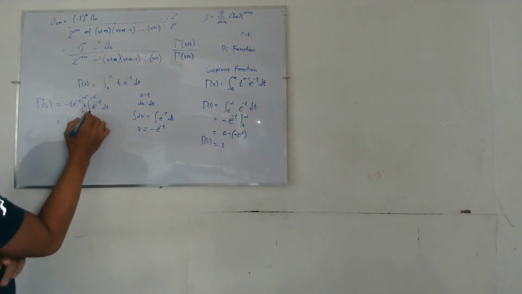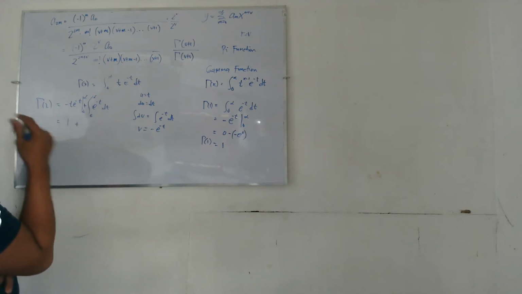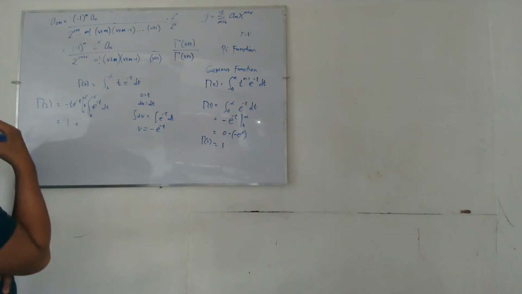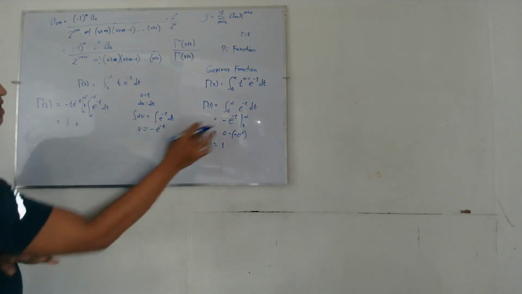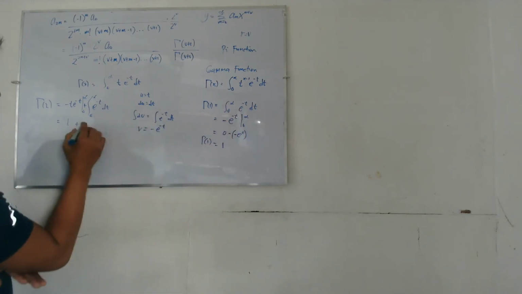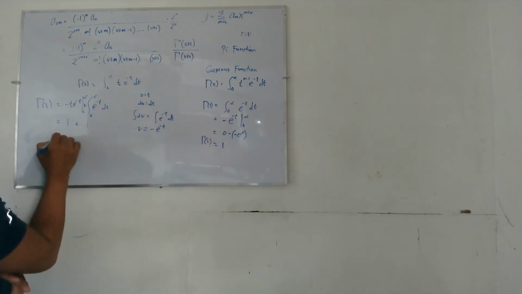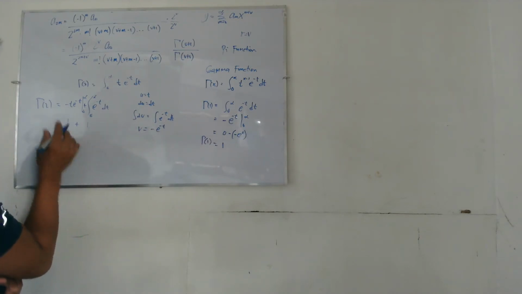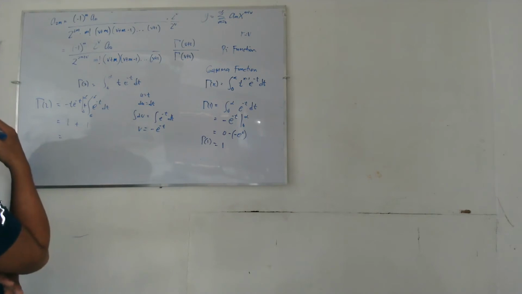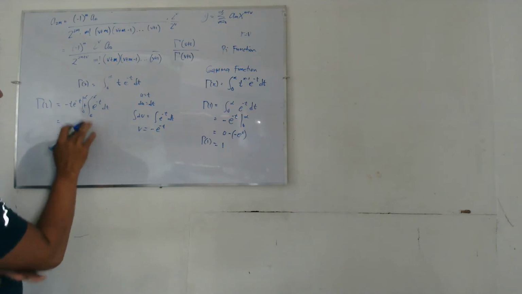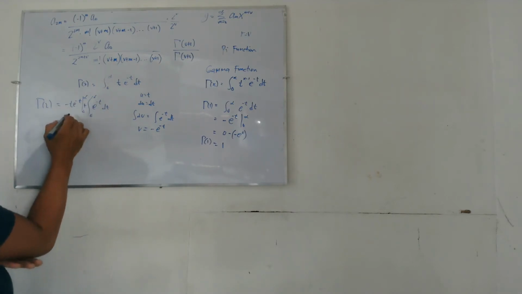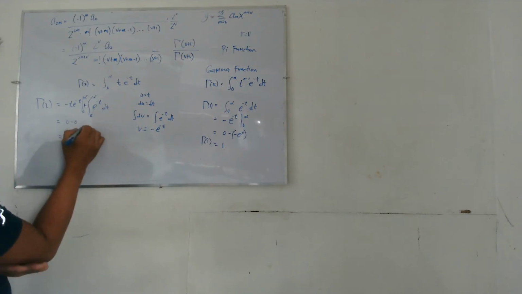The answer here is 1. Evaluate this too. Anyway, this one is 1. When we evaluate, at 0 we have t, so minus 0 is just 0. Plus 1.